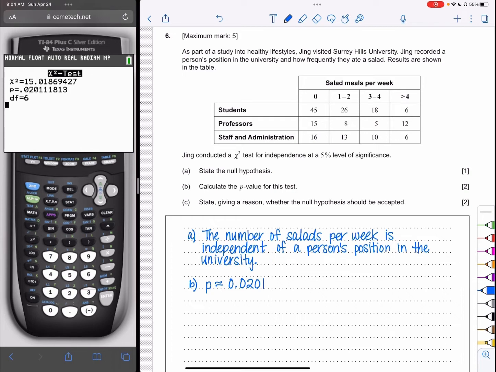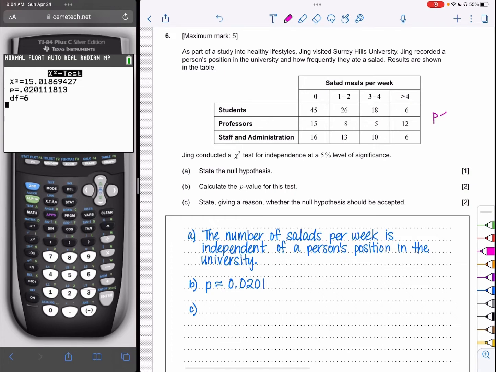All right. So now part C, it wants us to state, giving a reason, whether the null hypothesis should be accepted. So remember, you should understand that if your p-value is less than the significance level, you are going to reject the null hypothesis. You may need to write that as a little point somewhere.